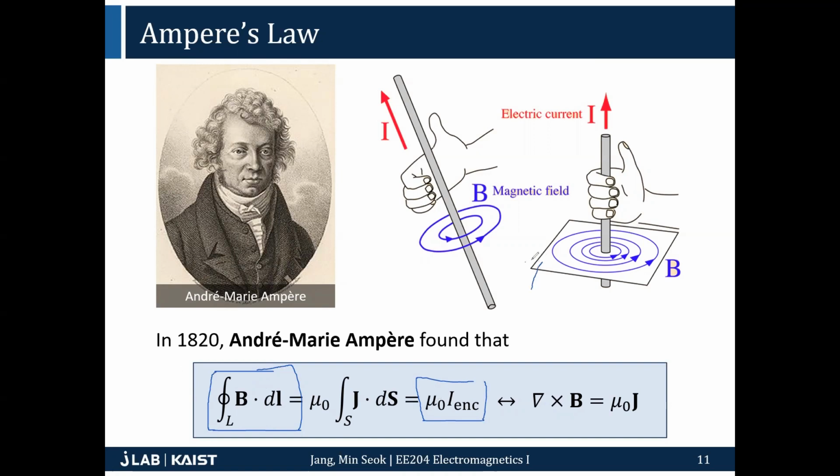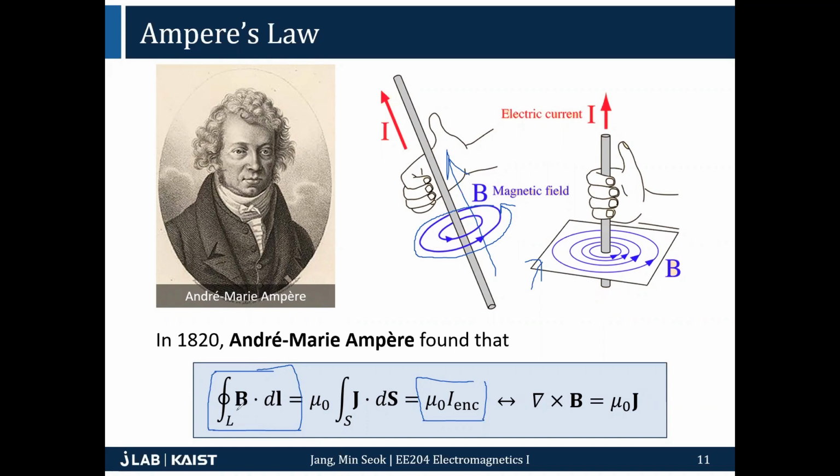So here is an example: if you take the integration of the B field along a closed loop, this is exactly the same as the amount of current passing through the surface.